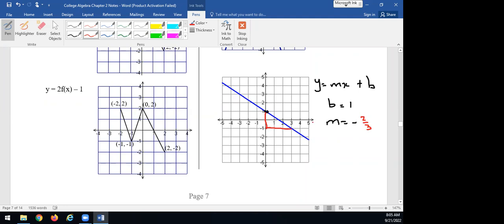So just create a right angle triangle and do rise over run. And so what is our equation? Y equals? Negative 2/3 x plus 1. Very good. So for the lines, that's how you do them. Very easy. Identify the slope, the y-intercept, and then you are good to go.